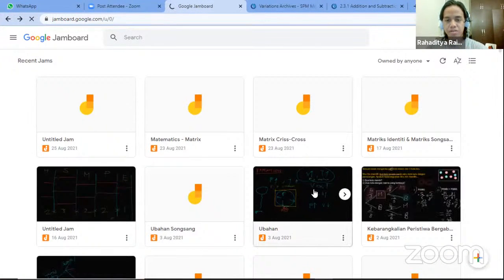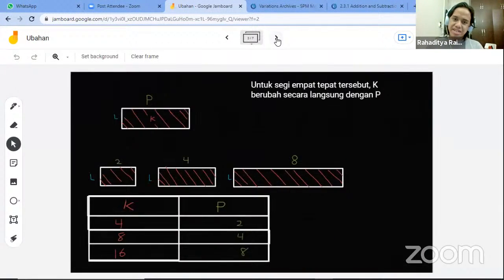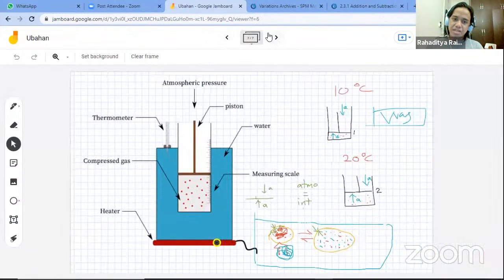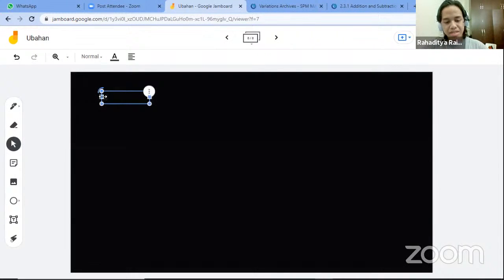Variation, as you know, is basically when one thing varies directly to something. This is basically things that you've already learned in the past.